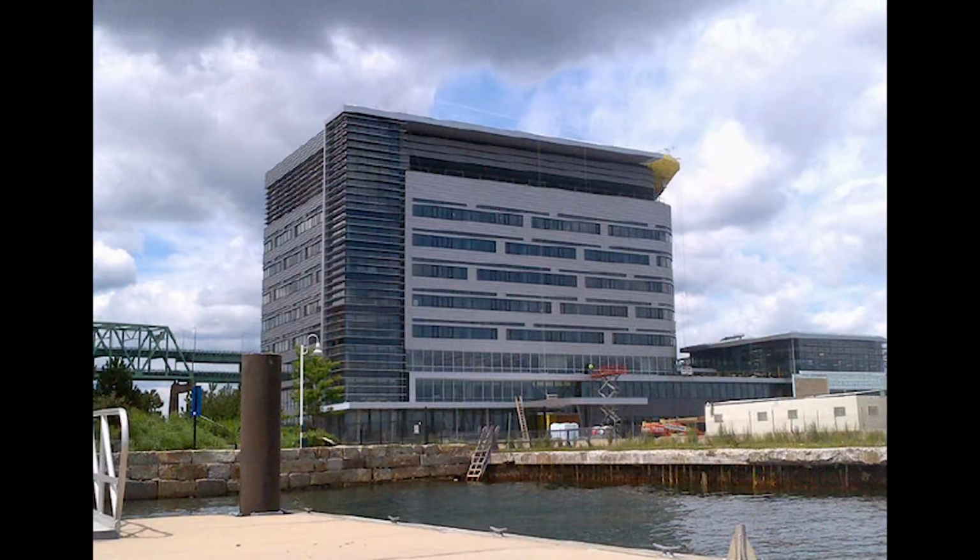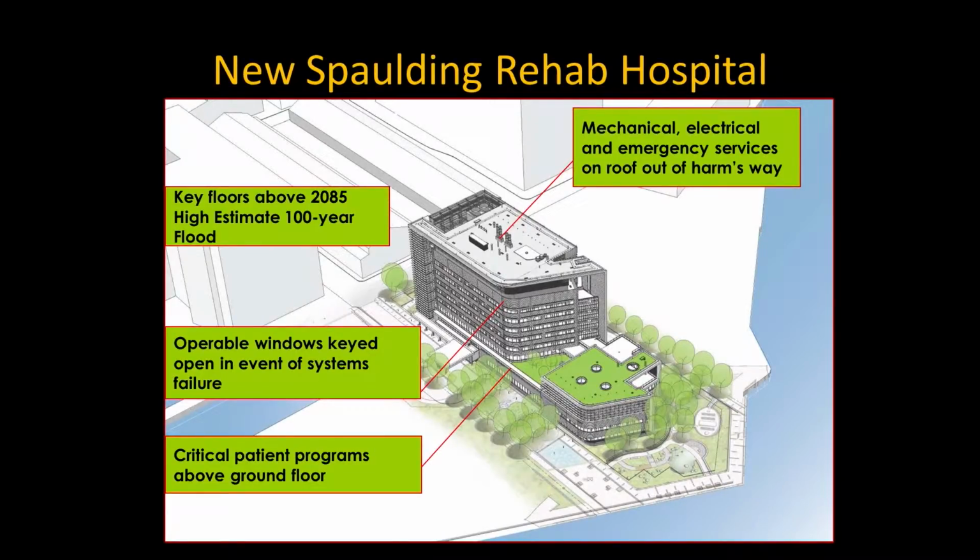Their engineers determined what would be their 100-year flood elevation in the year 2085, and they located all of their key floors above this elevation. Every area below that is not critical. A flood can damage it, and it wouldn't stop the primary mission of the hospital.